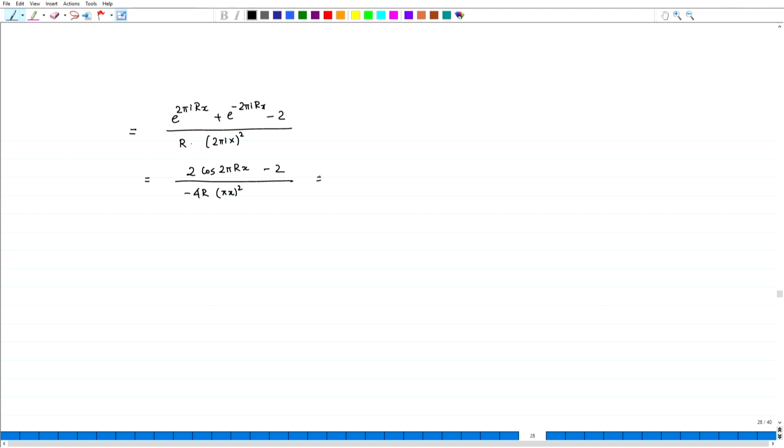Now, 1 minus cos 2x is 2 sin square x. So, this is minus 4 sin square pi r x divided by minus 4 r pi x square. This is nothing but sin square pi r x divided by r pi x square, if x is not equal to 0, because we are dividing by x, we are assuming that x is not equal to 0.